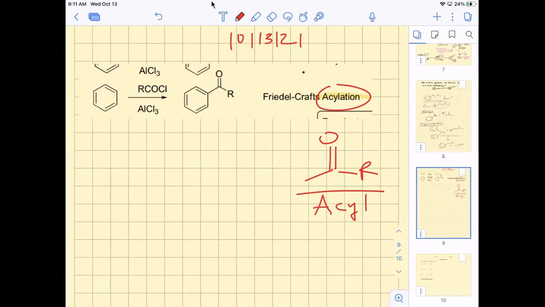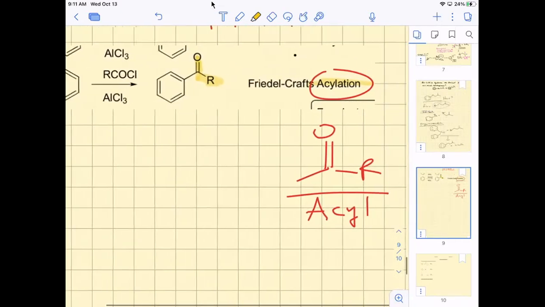So we're adding a carbonyl to the ring. You can see right here on the ring the carbonyl substituent, right? So with that acylation, the mechanism is relatively the same. It's just the initial step of activation that's different.